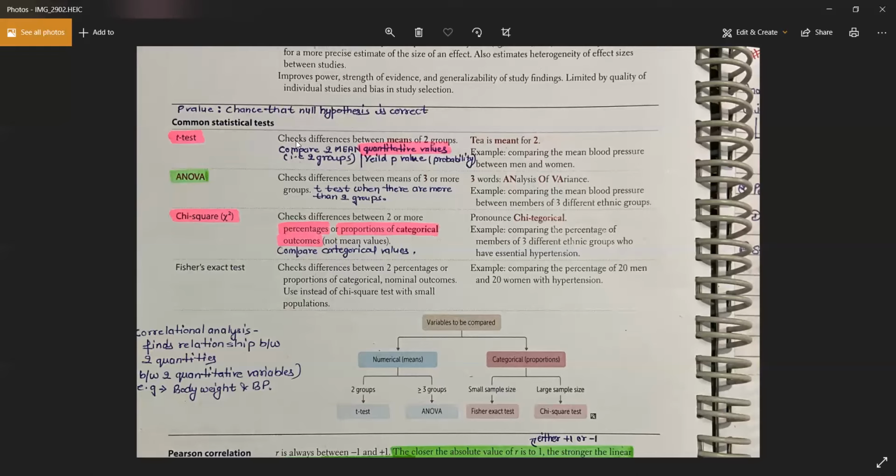So multiple groups, more than two groups, are there. That means it is for the ANOVA. My exposure must be a categorical value, a yes no. Either you belong to this ethnic group, or this ethnic group, or this ethnic group, no in between. And for the BP, it is always a quantitative factor. You understand this?